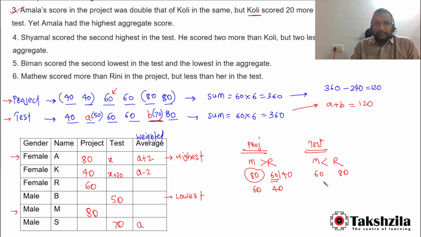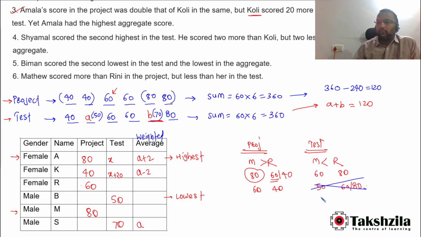If Matthew scores 60, Rini will score 80. If Matthew scores 50, in that case Rini is going to score 60 or 80. If Matthew scores 40 in the test, but this is not possible, Matthew cannot score 50 in the test because B already scored 50 in the test.